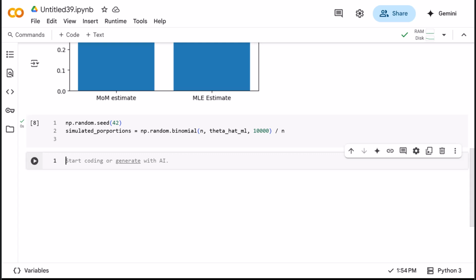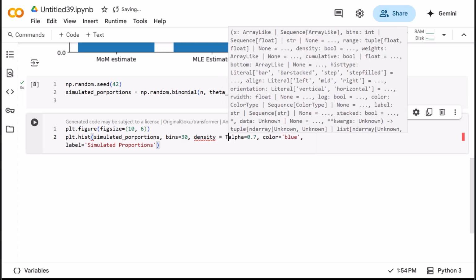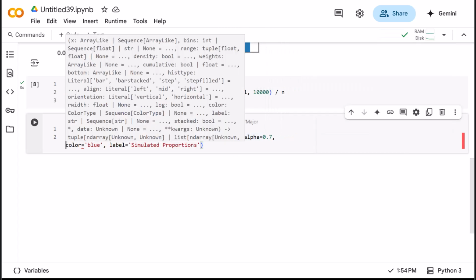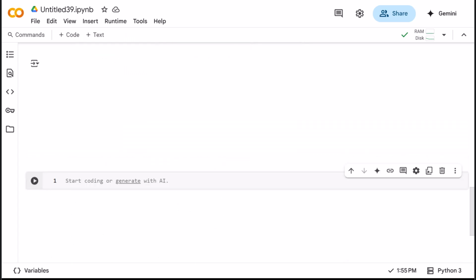So we did it. Now we can go for plotting. So plt.figure with figsize 10 and 6, then plt.hist of simulated proportion with bins being 30, density equal to True, alpha, and color equal to blue, and that's all.